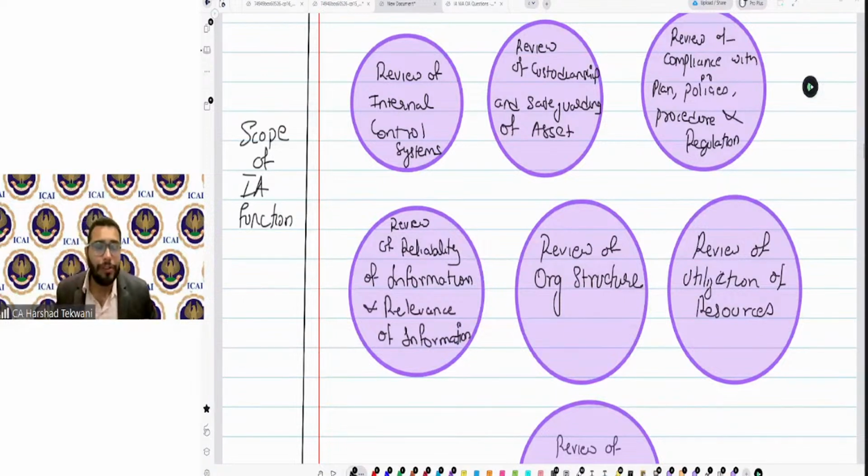How many of you have heard about CBC, country by country reporting under income tax? There is a part A of form 3CEAA and a part B of form 3CEAA.